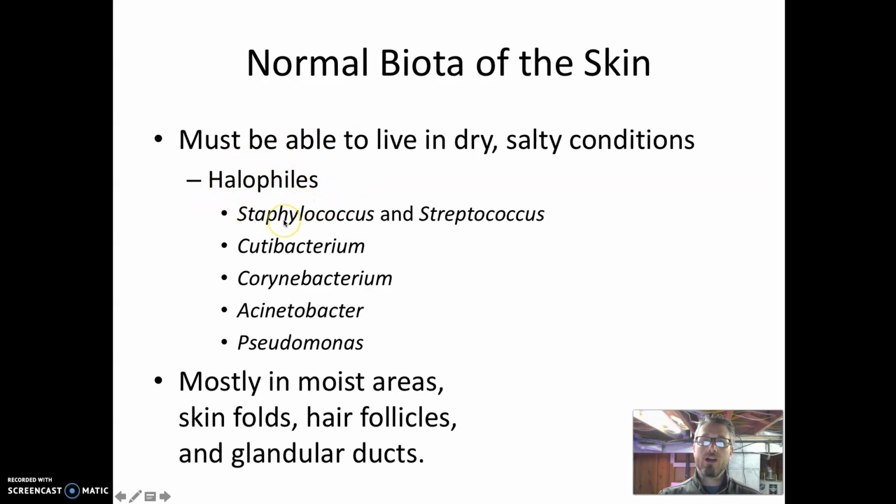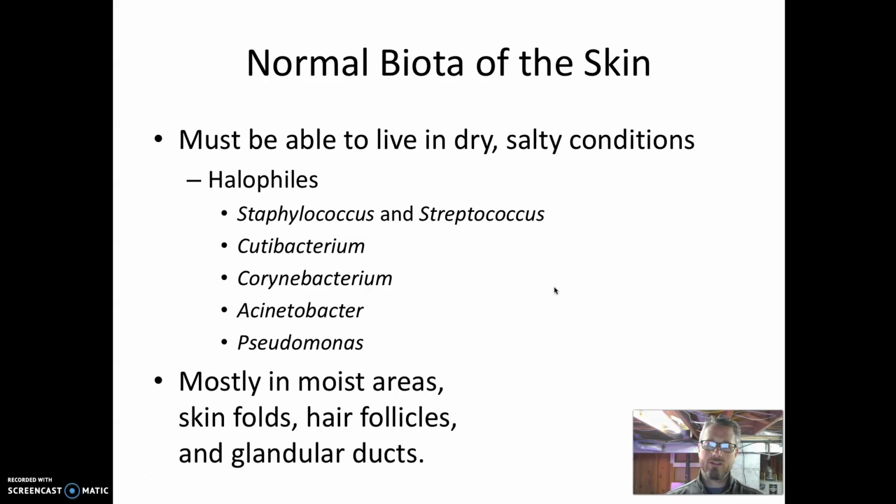But the most common genus of bacteria that we find living on the skin are Staphylococcus and Streptococcus. We find plenty of Cutibacterium, Corynebacterium, Acinetobacter, and Pseudomonas living on the skin. And again, they have these traits in common of being halophiles, and that's why they can survive on the skin.